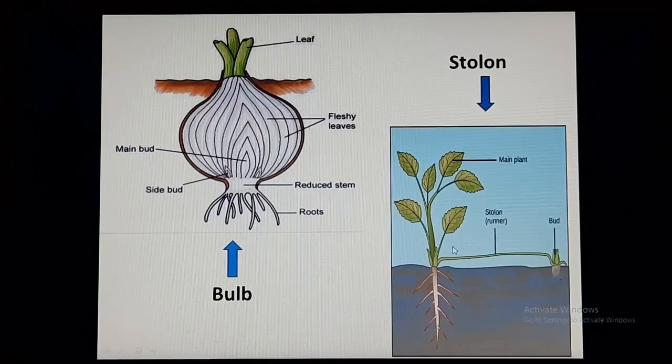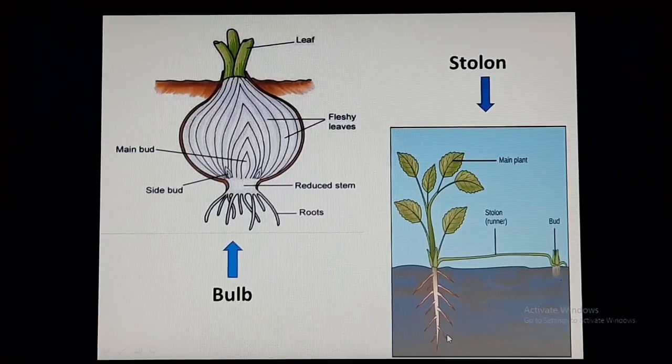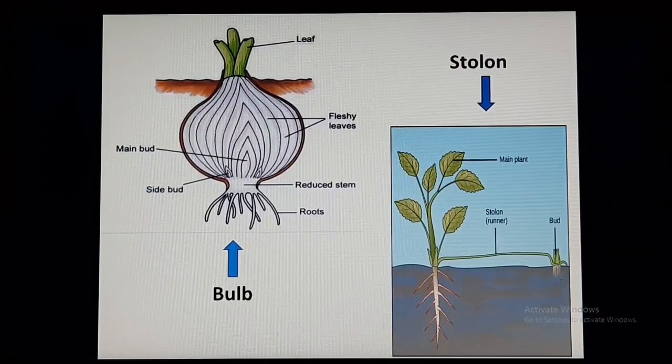Stolon: a plant whose roots are put into the soil, and through the stem it develops another plant, and these stems connect the plants. So this is called the stolon or runner.